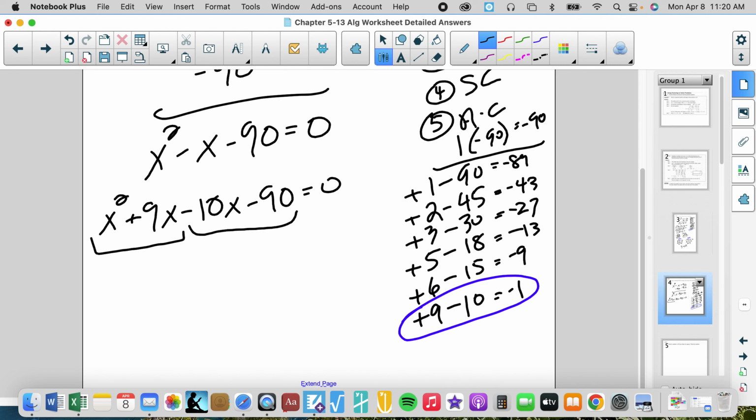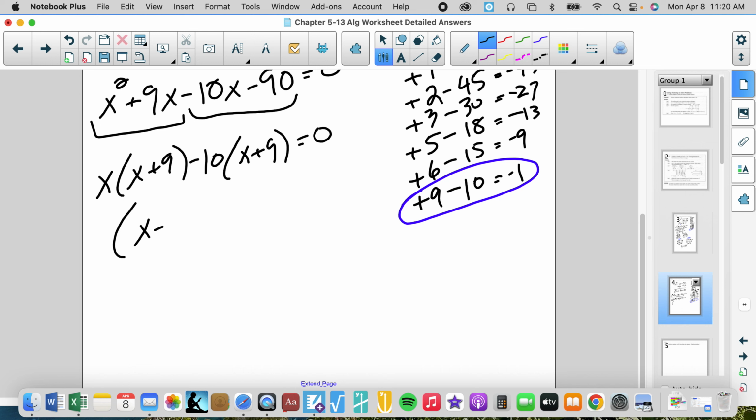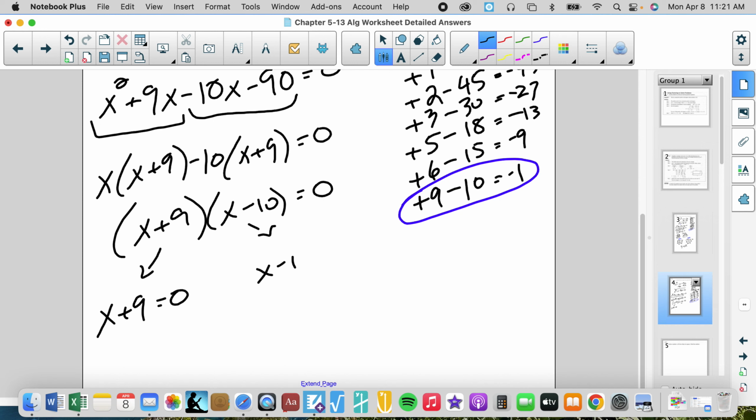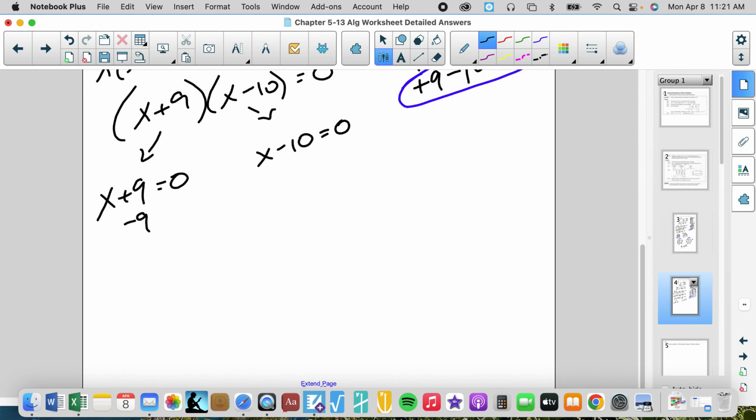We'll group. We're going to factor out an x, you get x plus 9. Factor out a negative 10, you get x plus 9. That leaves us with the quantity x plus 9, x minus 10, product equals 0. We'll set each one equal to 0 to find what value would make that binomial 0.